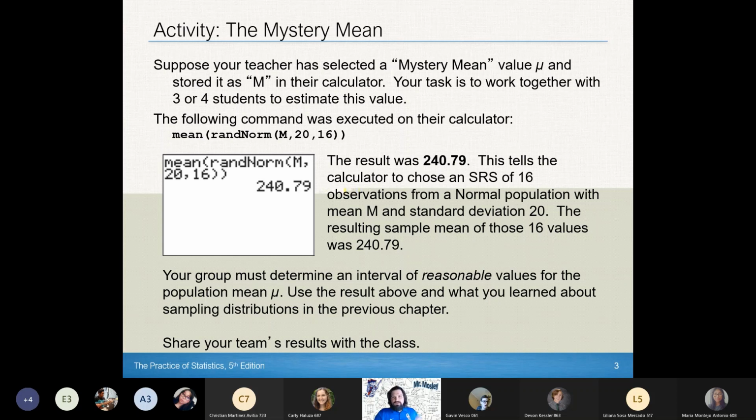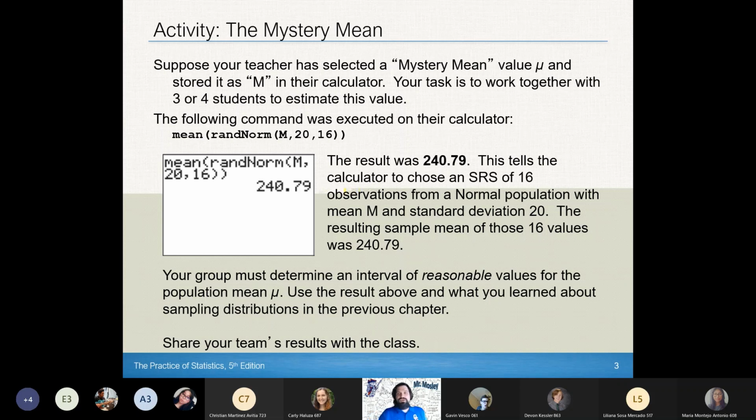Suppose your teacher, me, Mr. Mosley, has selected a mystery mean value mu and stored it as m on my calculator. Your task would be to work together with a group of students to estimate the value of m. The following command was executed in my calculator: mean(randNorm(m, 20, 16)), and we got this result.